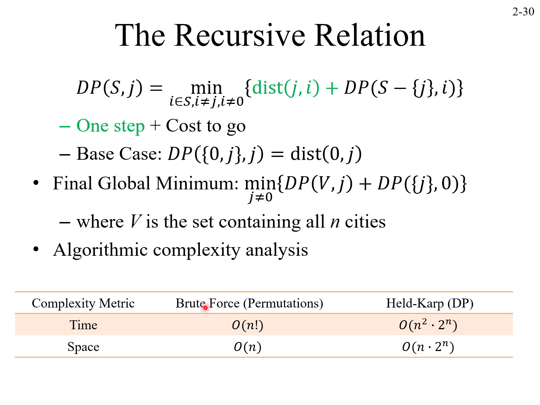If we use brute force permutation, we consider all permutations, which is n factorial, which is very difficult to solve. And for Held and Karp, the time complexity is n squared times 2 to the power of n, and this is the space complexity.